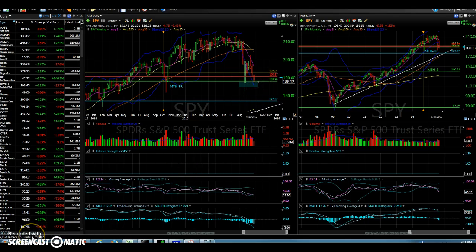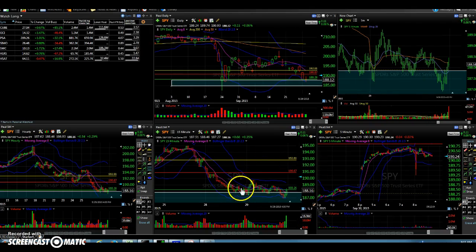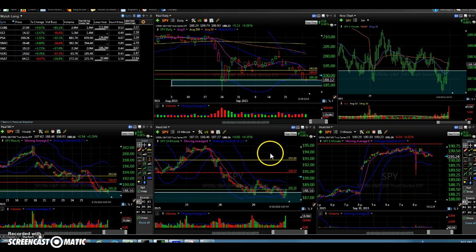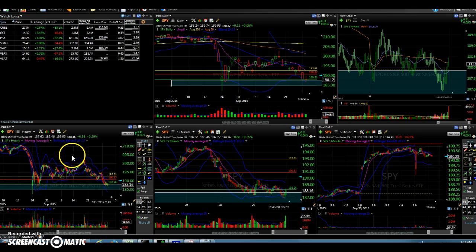Over the daily, this was interesting yesterday. Here's the 15-minute. This big shaded area, let's go over the 60-minute. It's a big volume profile that I got from here on the Schwab account.